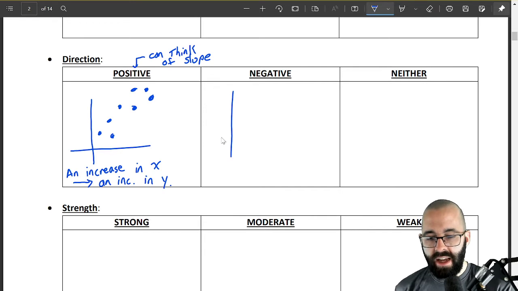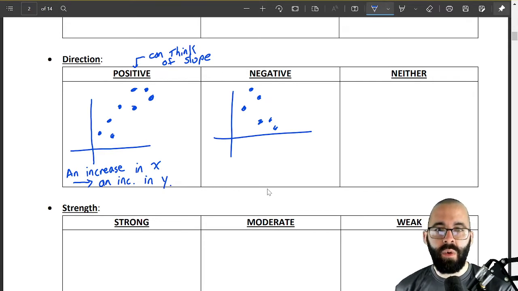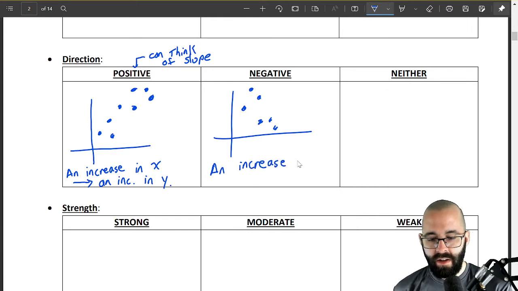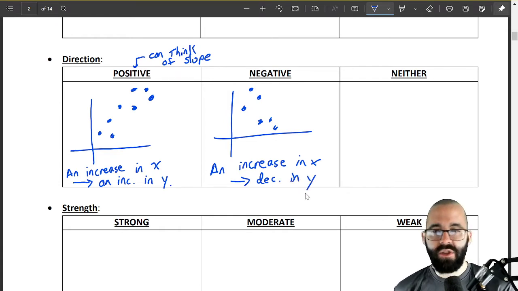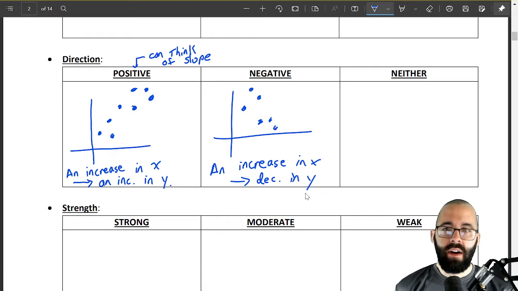And then likewise, negative might look a little something like this, where an increase in x is a decrease in y. And then maybe there's no correlation. Maybe there's no direction here.